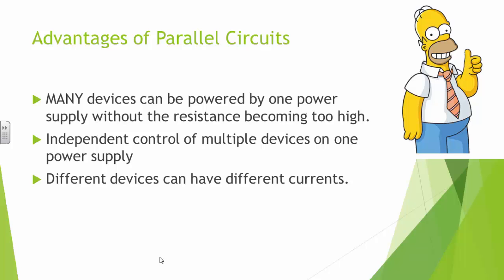And something that was implied but we haven't described in detail yet, we can have devices on a single circuit that require different levels of current. For example, we can have a motor and an LED on the same circuit, even though a motor requires very high current and an LED requires very low current.